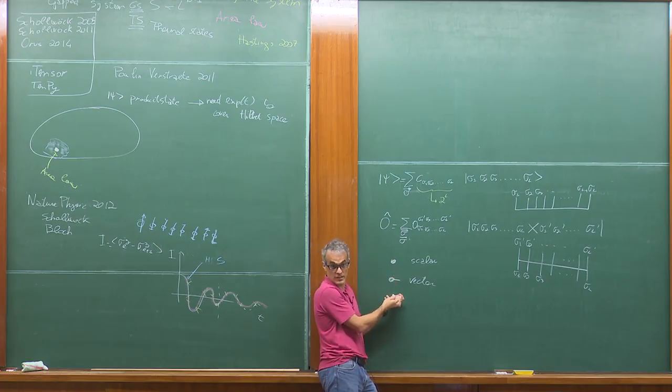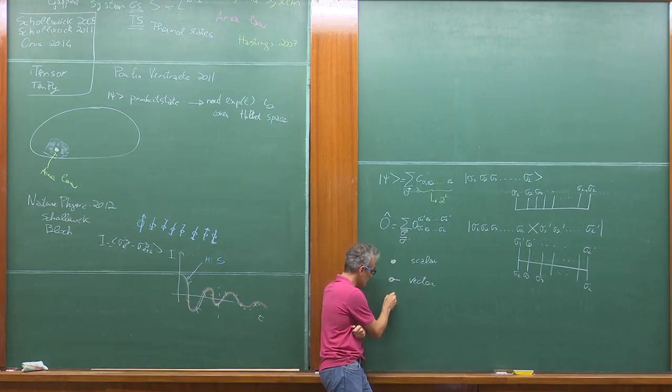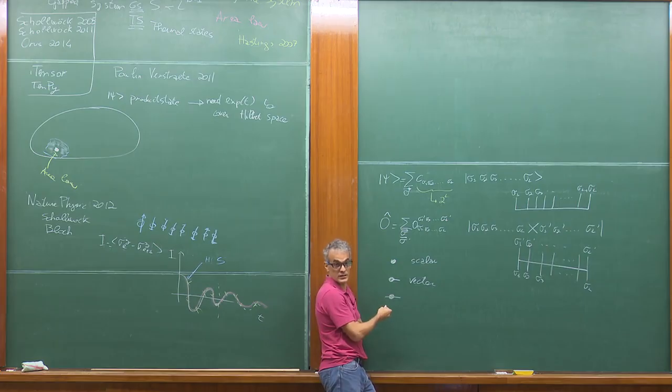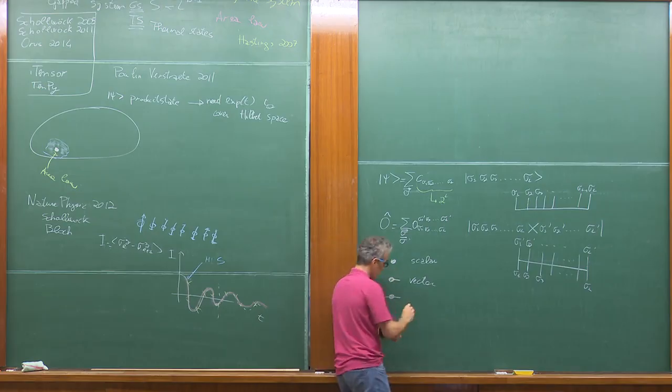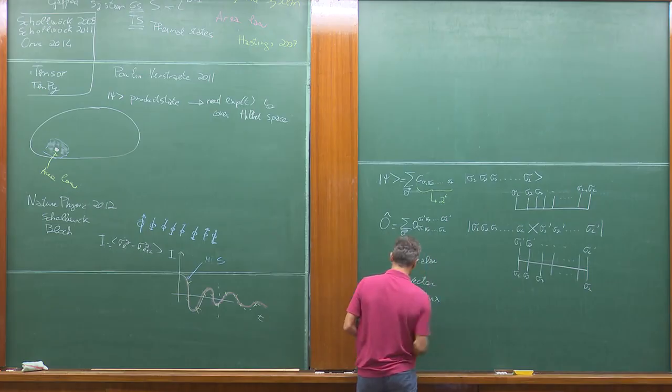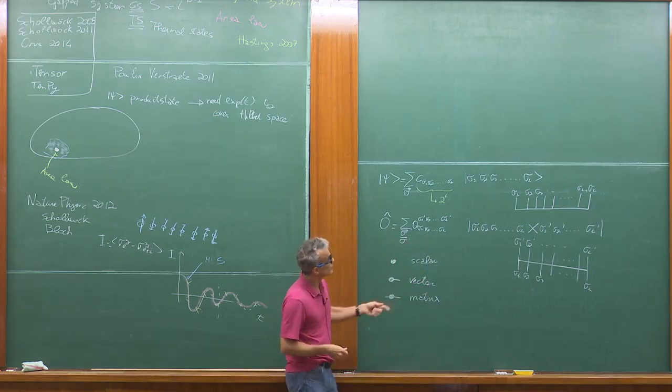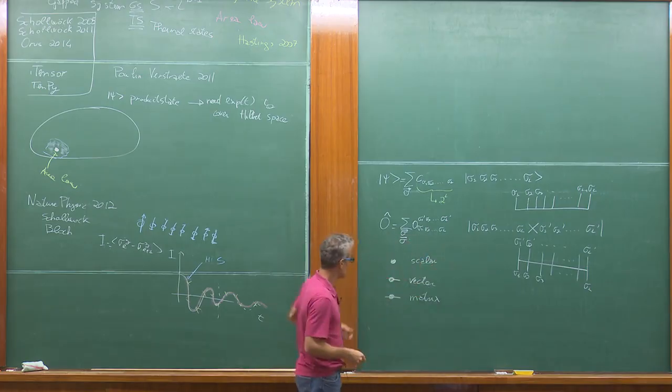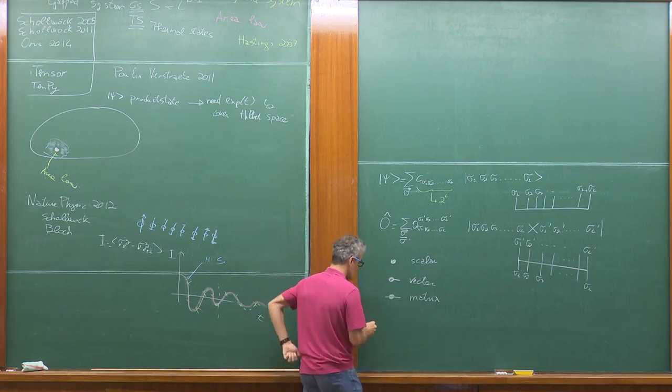Now if I have something like this, this would be a matrix, because I have a list of things here and another list of things, and I can reshape it as a matrix. And as we will see later on, we can have other structures.